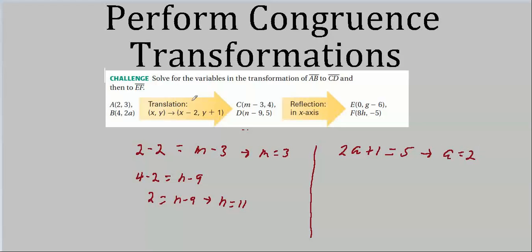So we've got a, m, and n. Well, now we can put our new values in here and figure out which points are going into these two images. Let's see here. m is 3, so this is 0. And this is still 4, of course. We've got n minus 9, which, n is 11, so this is 2.